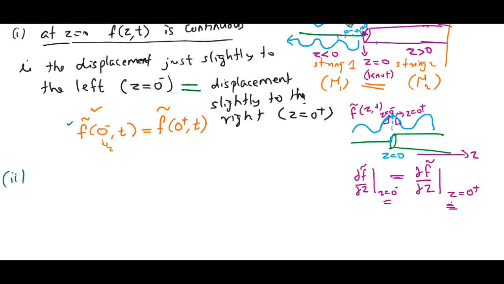That is, the second boundary condition is the derivative of f must be continuous. അതല്ല ഇതിൻ്റെ മീനിങ് ഒരേ സ്ലോപ്പ് വന്നു കഴിഞ്ഞതിൻ്റെ അർത്ഥം the derivative of f must be continuous on both sides of the node. Node means at z is equal to 0.